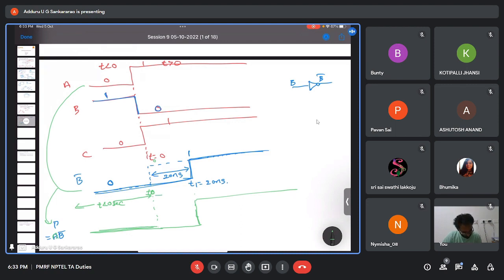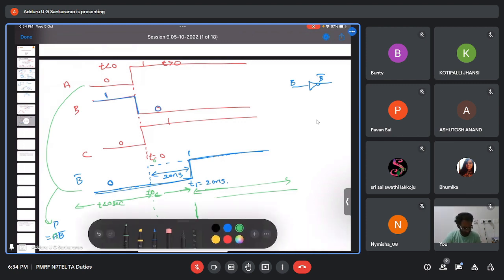Then between the next interval, that is 0 to 20 nanoseconds, A is 1 but B bar is 0, that's why output is 0. But for t greater than 20 nanoseconds, the last interval, both B bar and A are 1, so the output is 1. This is ideally when the AND gate is not having any delay.